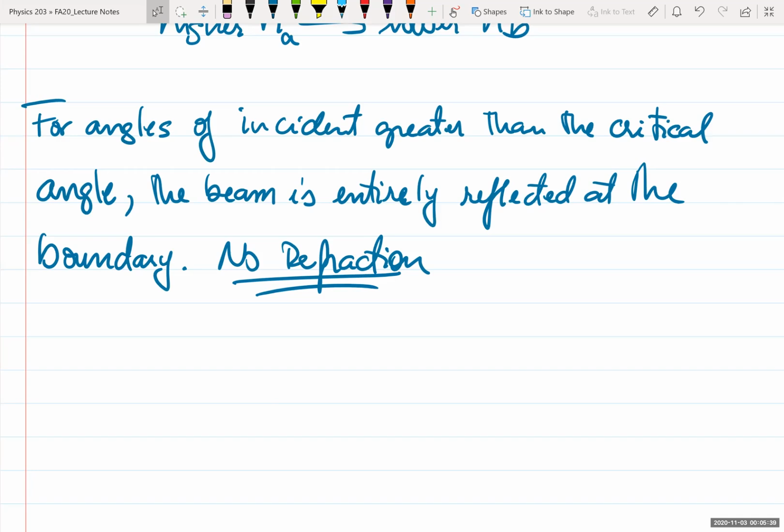A mirage is an example of total reflection of the light between layers of cold air and warm air.